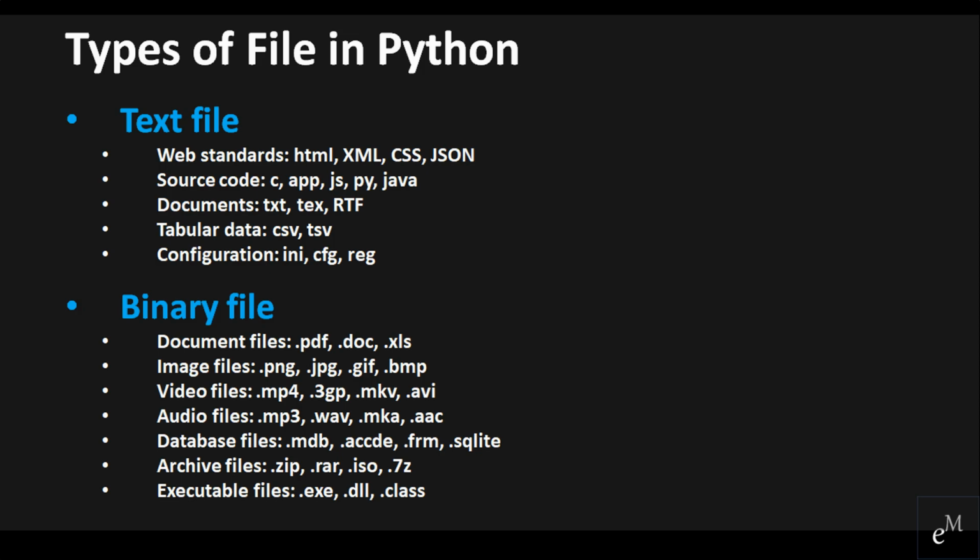A binary file is any type of file that is not a text file, such as PDF, image files, and video files. Because of their nature, binary files can only be processed by applications that know and understand the file structure. In other words, there must be some application that can read and interpret the binary file.